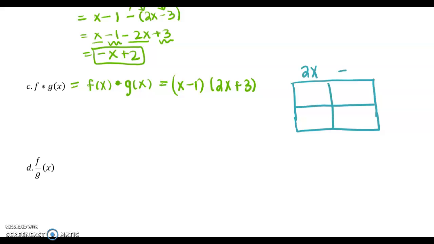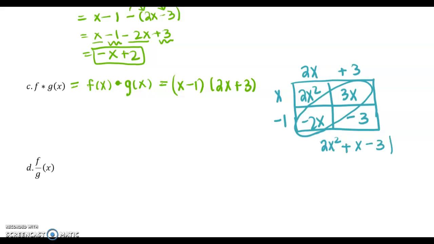So 2x plus 3, x minus 1. So this would be 2x squared, 3x, minus 2x, minus 3. We could combine these. So this is 2x squared plus x minus 3. So this would be our answer.